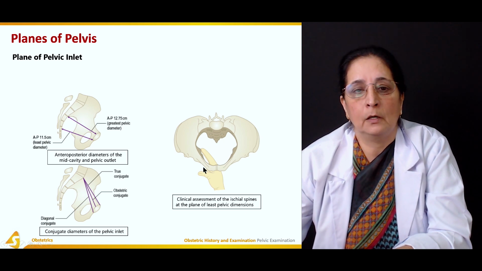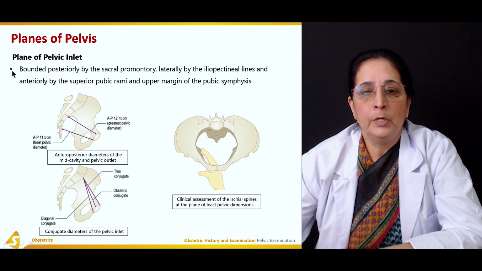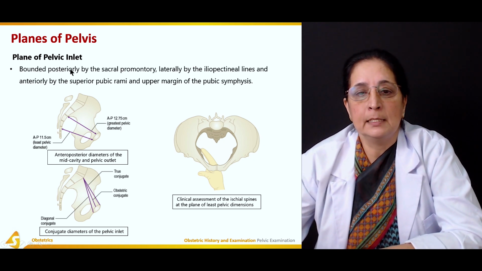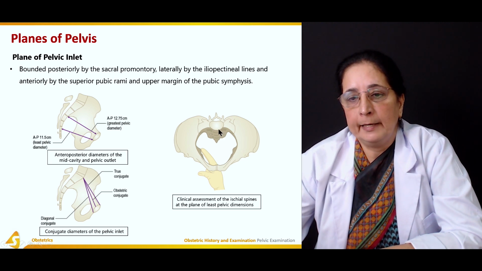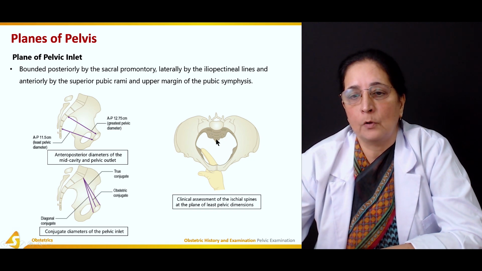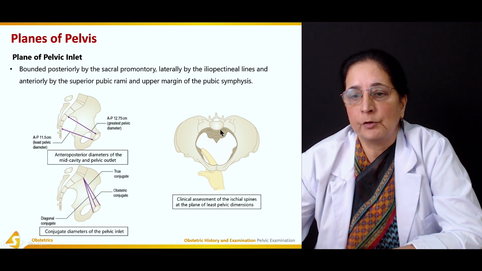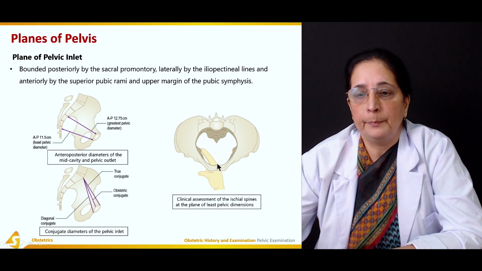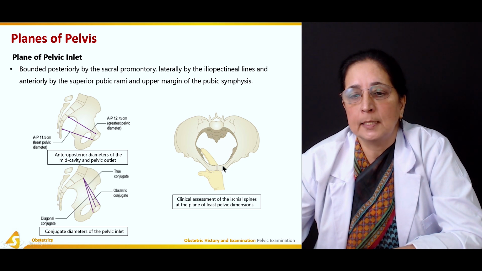So these are the planes of pelvic inlet. If you see here, this pelvic inlet is bounded posteriorly by the sacral promontory. This is the sacral promontory. Laterally by iliopectineal lines, and anteriorly by pubic rami and upper margin of pubic symphysis.